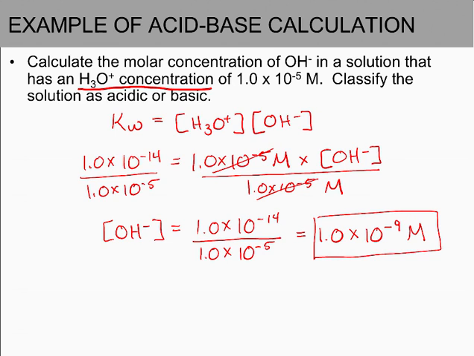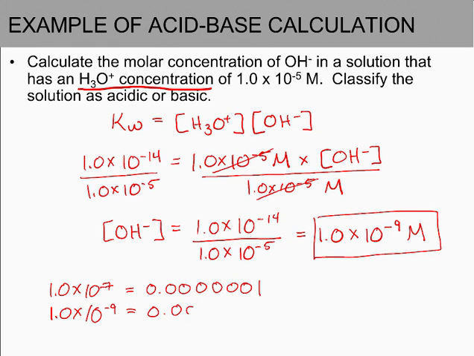So our power of 10 is to the negative 9th. And if we're comparing that to a power of 10 that's to the negative 7th, so let's look at 1 times 10 to the negative 7th. And let's write that out in standard notation. So that would be 0.0000001. And then 1 times 10 to the negative 9th is 0.000000001.